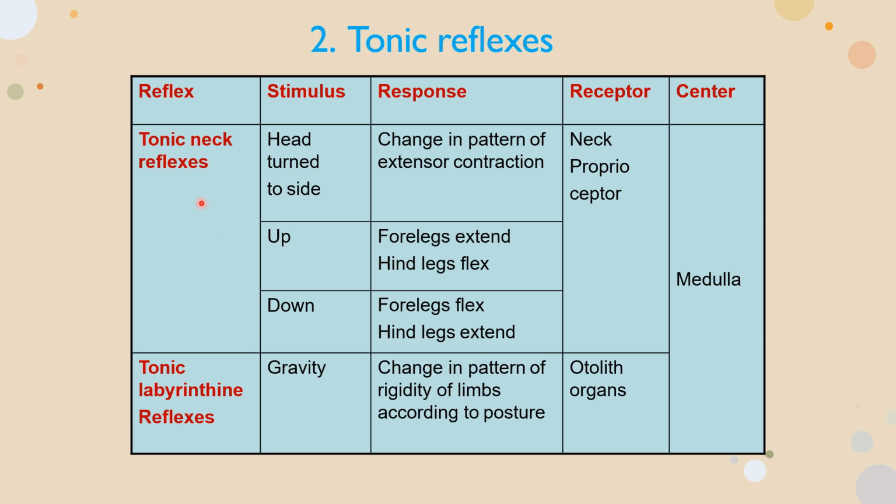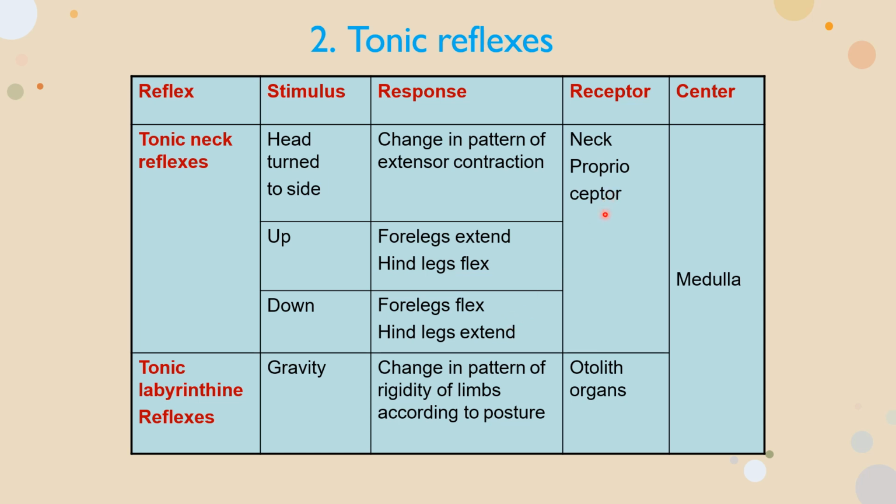For the tonic neck reflexes, the stimulus is head turned to side or up or down. The response: when the head is turned to side, change in pattern of extensor contraction; when the head is turned up, forelegs extend and hind legs flex, and the opposite when the head is turned down.